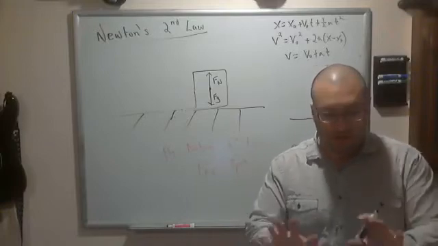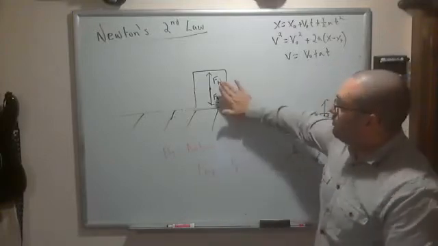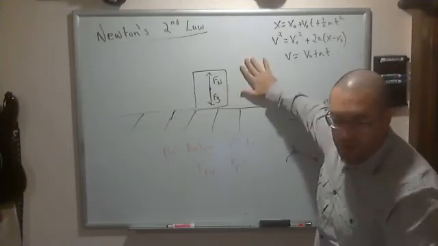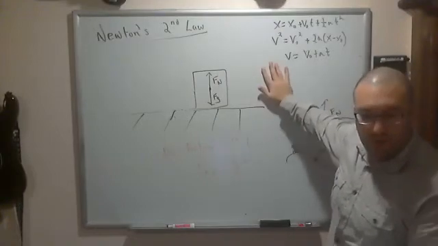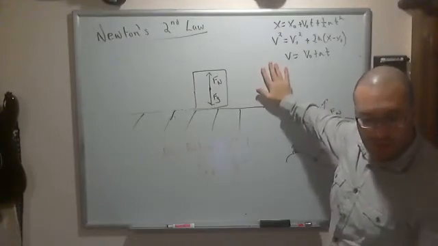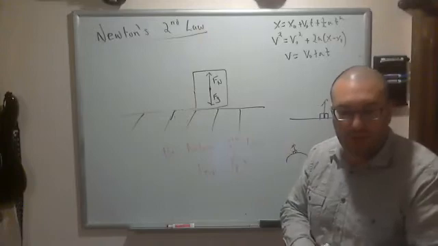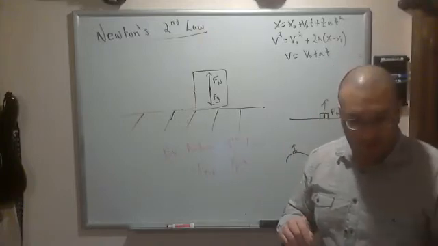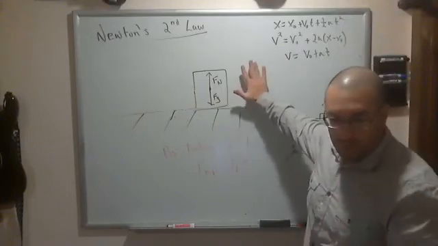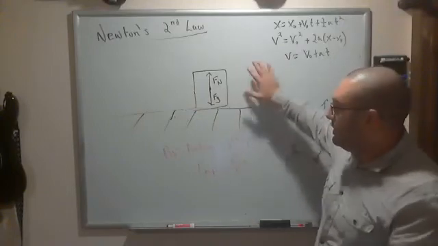So by us pushing on an object, or when I push on this board, the reason why my hand doesn't go through the board is because of electromagnetism. The atoms come into close contact with each other, and there's a force that repels each other. So my hand doesn't go through other matter.